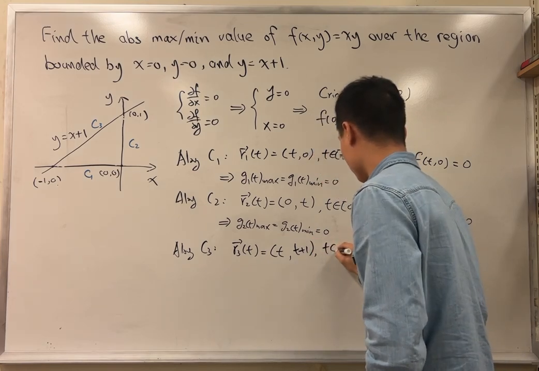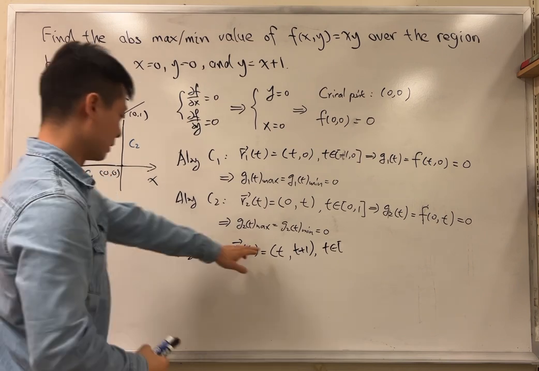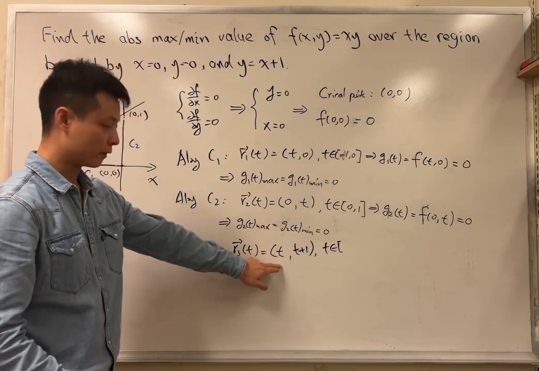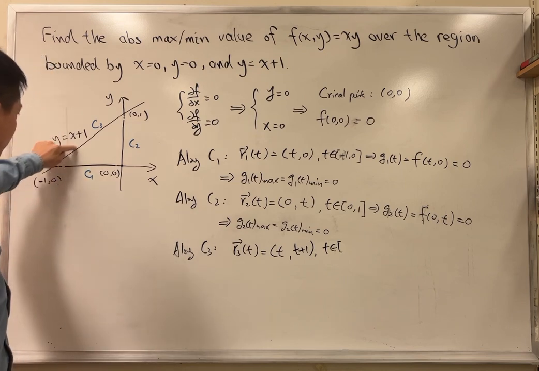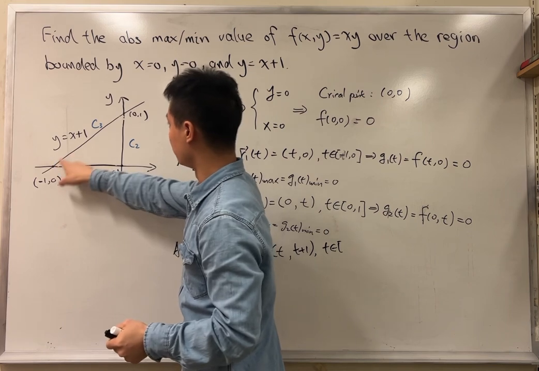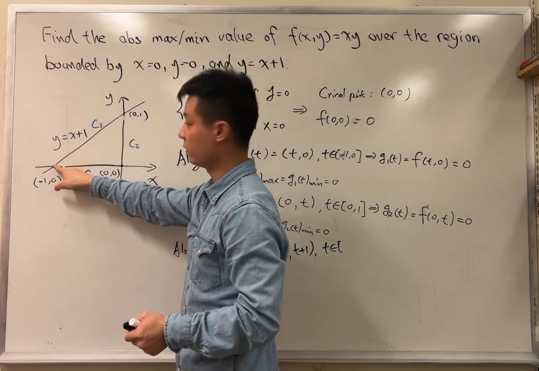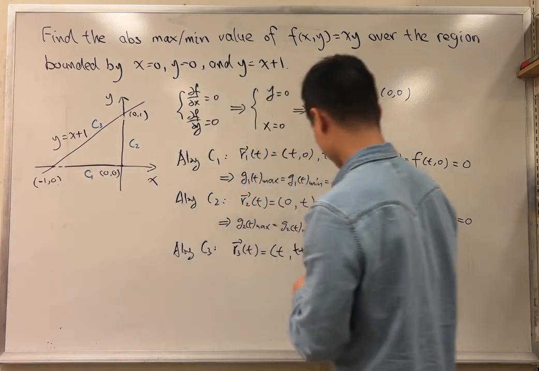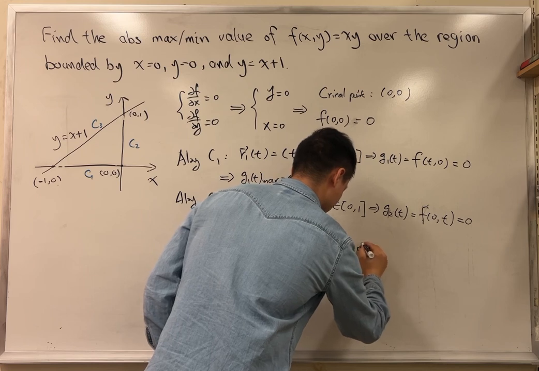Of course, we also need to find the range of t. Because x is t, the range of t is just the range of x. Looking at each point on this line segment, we see that x ranges from -1 to 0. So t ranges from -1 to 0.